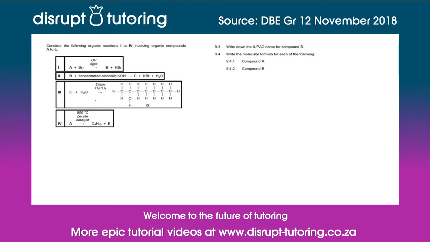So that means that we start the numbering from the left side of the molecule, and that means that the alcohol is attached to the second carbon in the chain. And there are 7 carbons, so we use the prefix hept, and this is heptane-2-ol, or 2-heptanol.